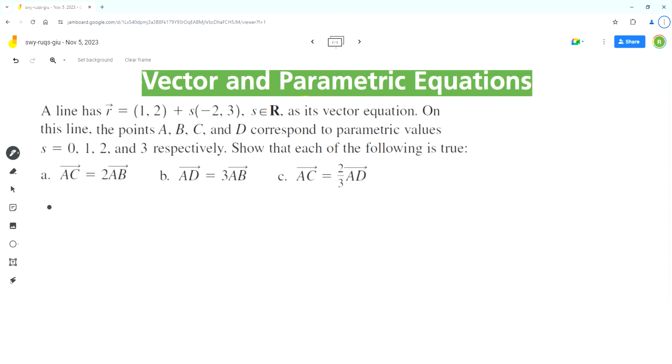So let's start with part A. In part A, we have to prove that vector AC is equal to 2 times vector AB. The first step is to find points A, B, C and D from this given vector equation using the given parametric values. Let's start with point A. We should sub in s as 0 in the given vector equation.